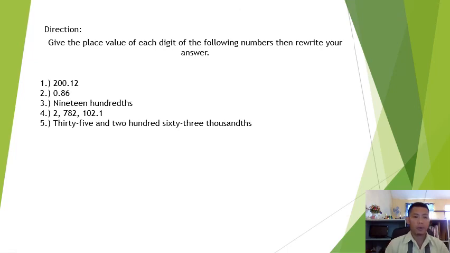Number 2, 86 hundredths. Number 3, 19 hundredths. Number 4, 2,782,102 and 1 tenth. And number 5, 35 and 263 thousandths.